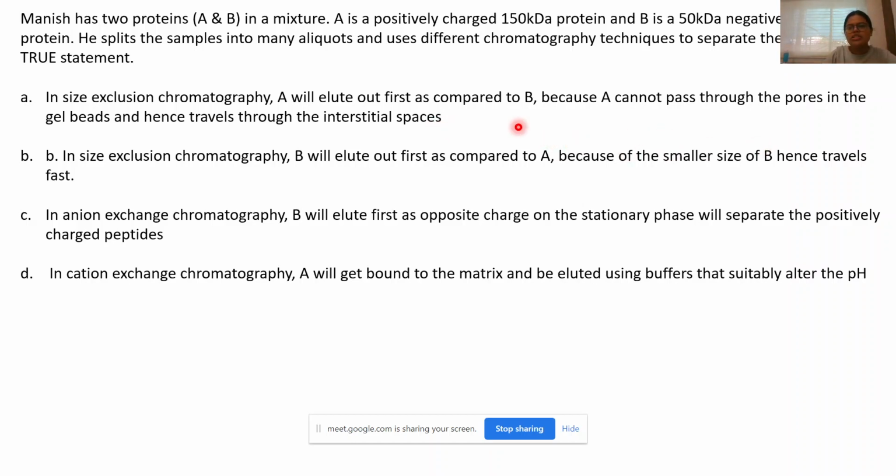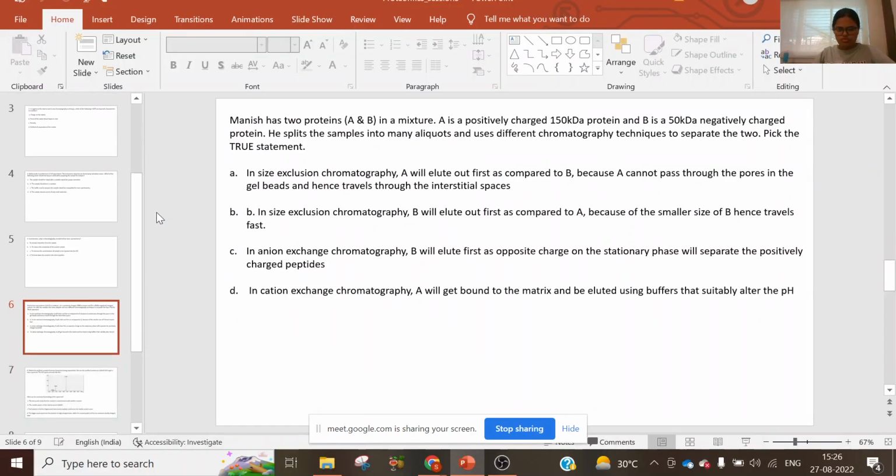Why? Because I will show you in the diagram. I think that diagram is misplaced. So, so just a minute. So just a minute, I'll share the screen again. I think one diagram I have kept and I could not find. So give me a minute.